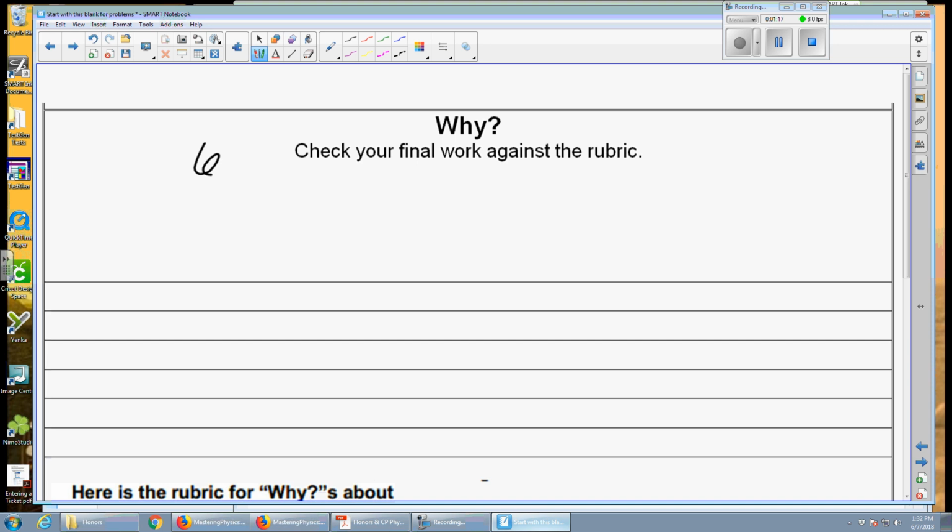Alright, we should probably start with the very basics. Speed of light is what? Is constant in what? In all frames of reference. Right.